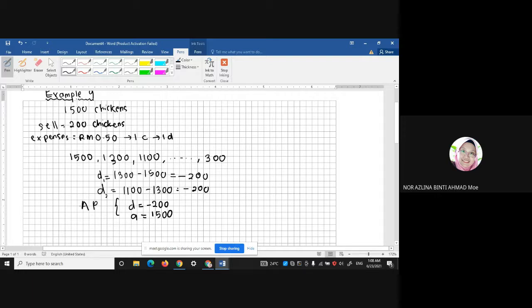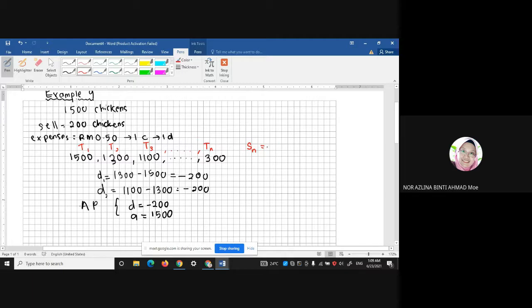So berapa yang dia dah belanjakan. Jadi sekarang cari dulu. Okay, kita punya ini T1. Ini T2. Ini T3. Kita tak tahu ini berapa. So ini adalah Tn. Sebab kita tak tahu T berapa. Okay, nak tahu ni hari ke berapa ni? Sebab nanti nak cari Sn. Kenapa nak cari Sn? Nak cari berapa jumlah ayam dia untuk semua hari ni.